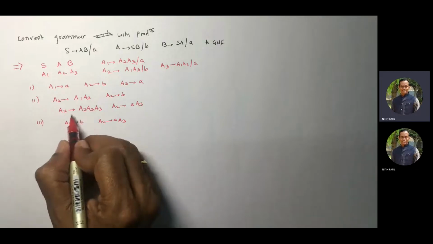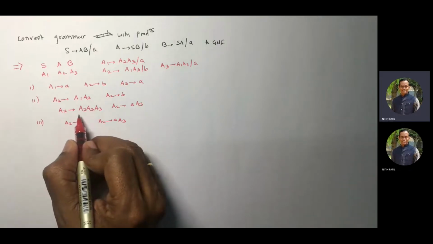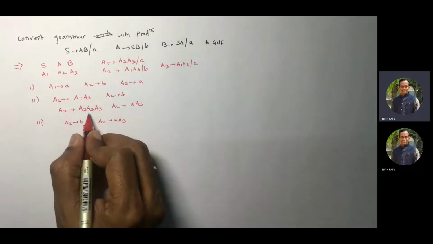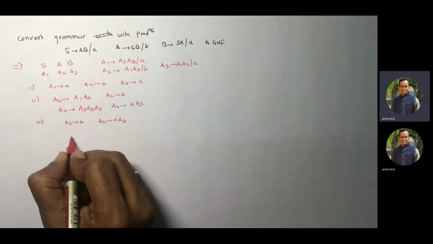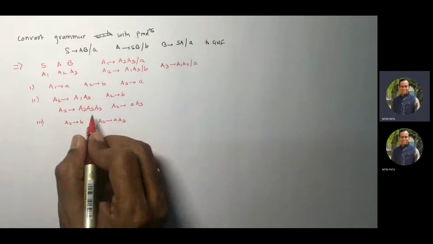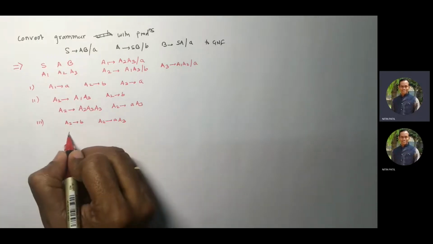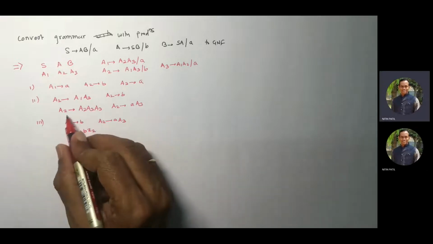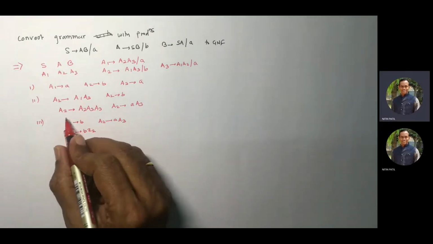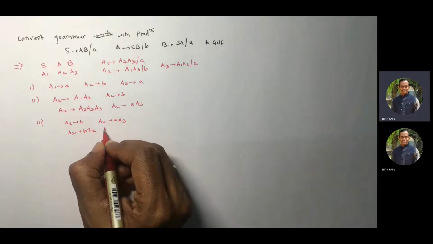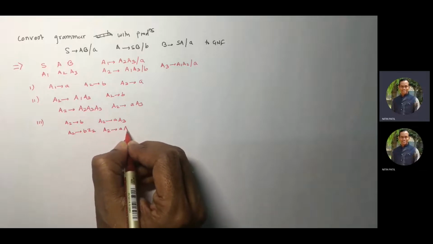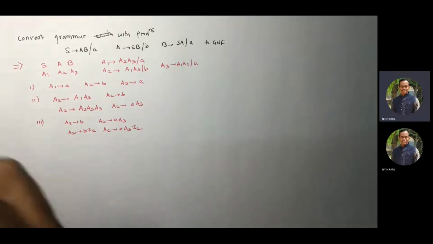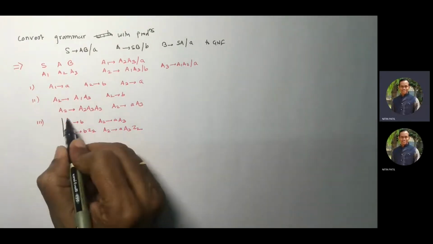Now as we see this index is same, so we have to introduce a new variable. After introducing the new variable, we write Z2 as a suffix because we are introducing it for A2. So A2 would be A, A3, Z2. So these would be your 4 productions for A2.